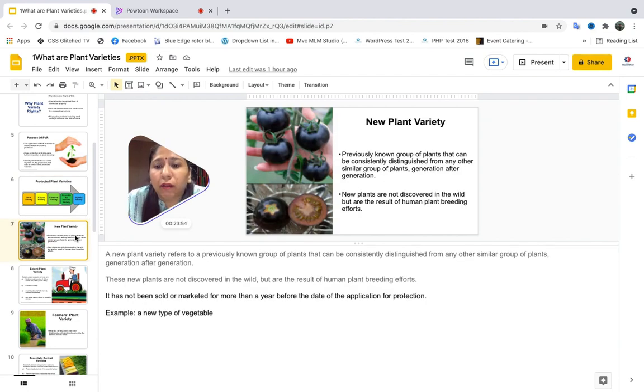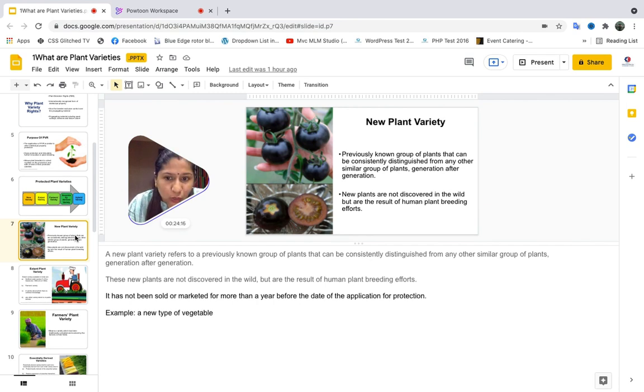A new plant variety refers to a previously known group of plants that are distinguished from other similar groups of plants generation by generation. These are new plants which are not discovered in the wild, but are a result of human efforts or human plant breeding.